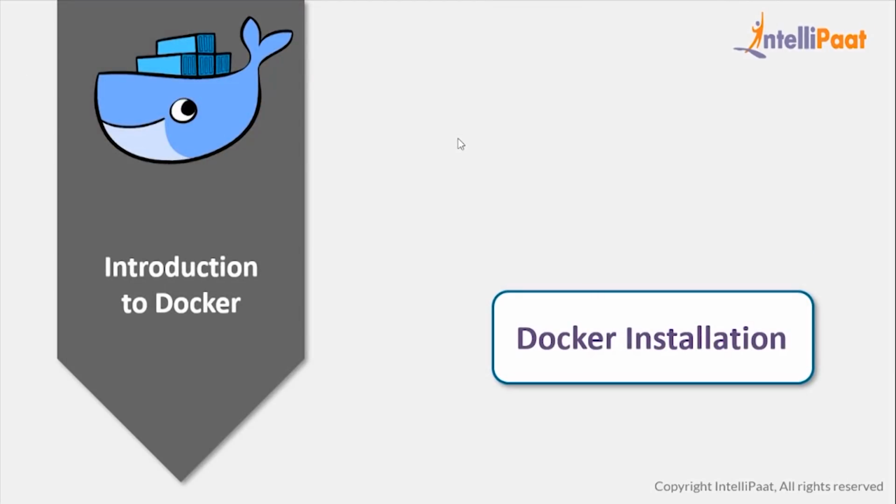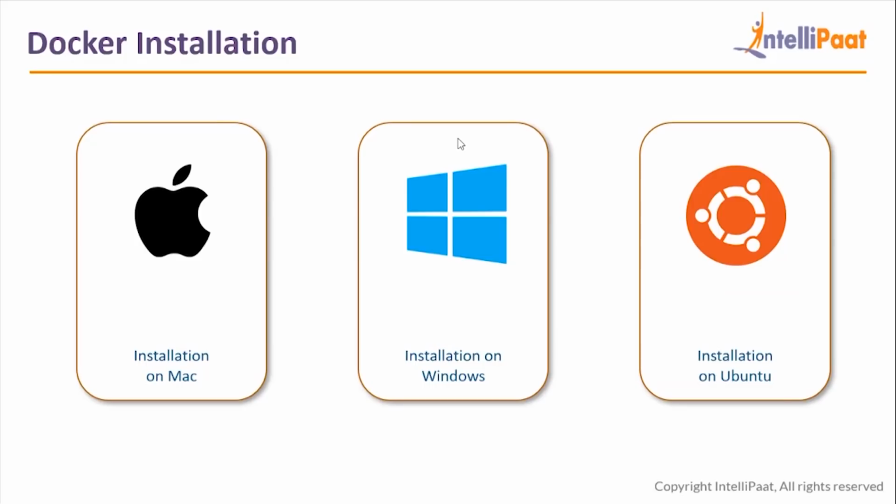Moving forward, now let's discuss. We have understood why we need Docker, and we have understood what Docker is exactly. Now let's see how we can install Docker on our machines. When it comes to installation, there could be basically three kinds of installations you might come across.